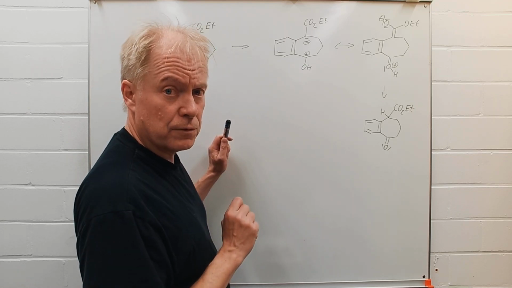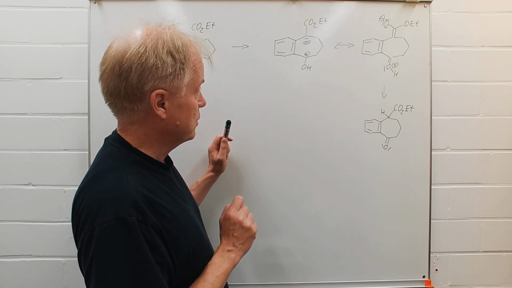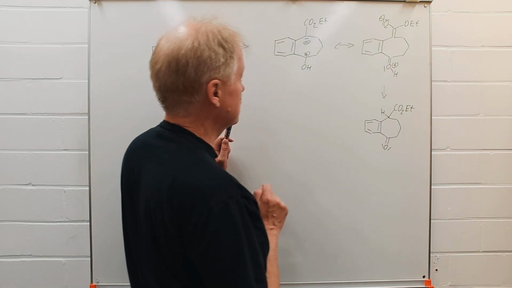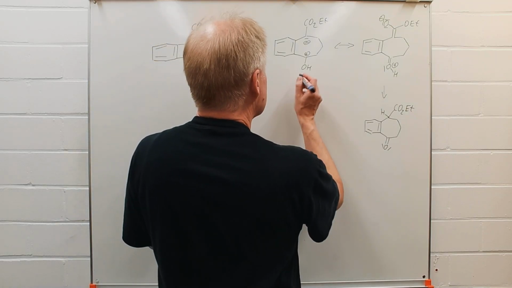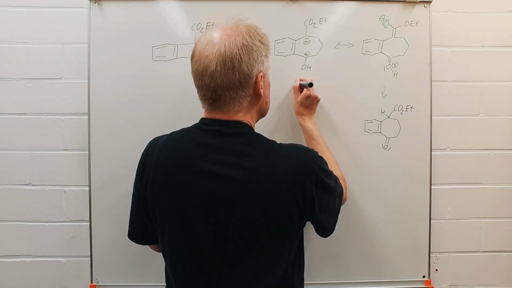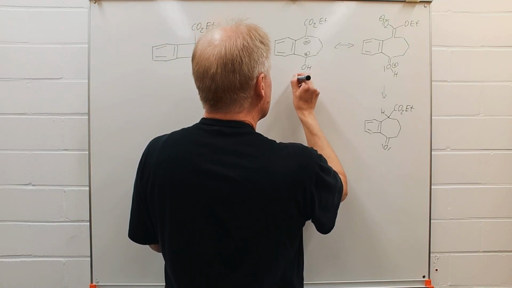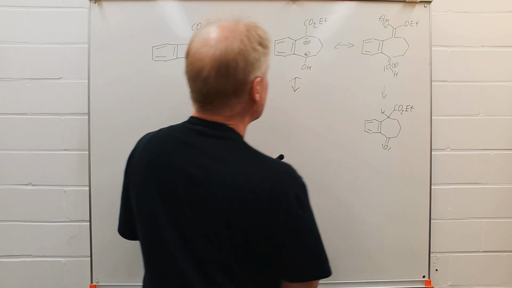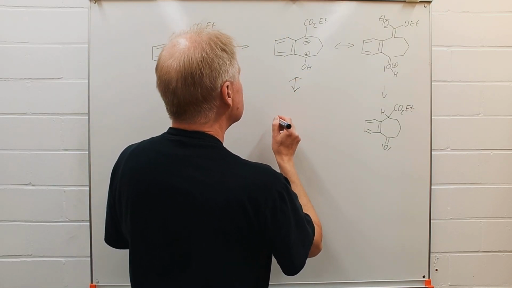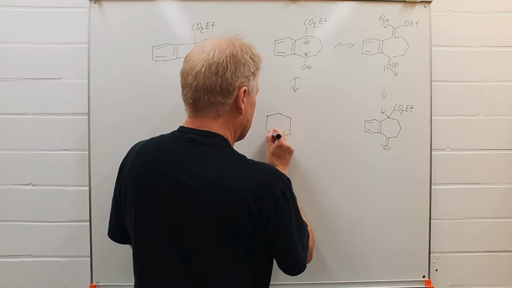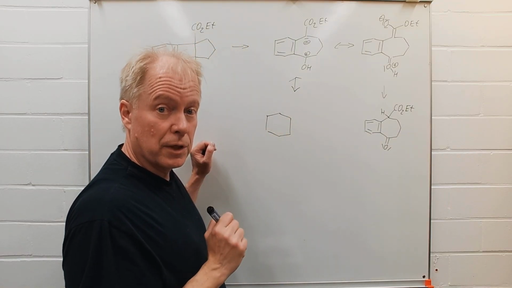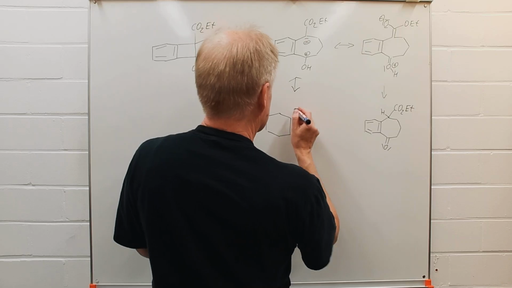But what we have forgotten last time was there is another mesomeric structure, and it is also neutral, but with the aromatic system missing.